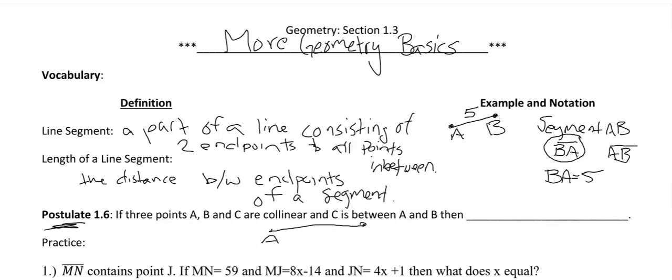Here is A, here is B, C is somewhere in between. Let's see. Okay. Well, what do we know? Well, we know that AB, the length of AB, is going to equal AC plus CB. All that's saying is that the whole line segment is equal to its parts together. That's common sense. Something is made of all of its parts all together.